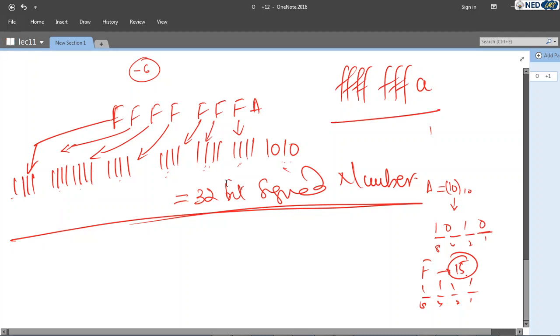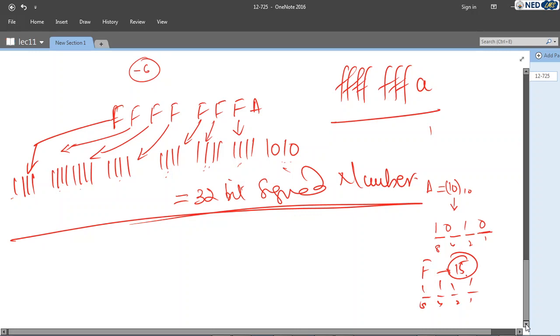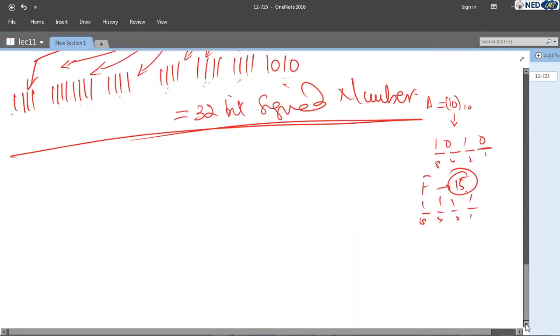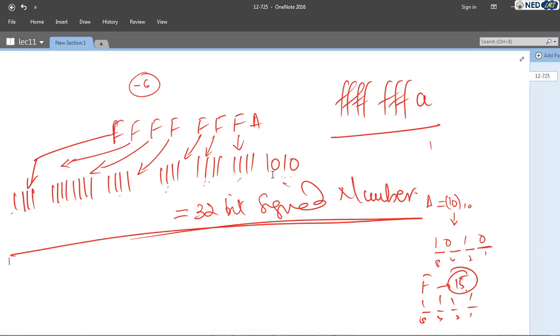I'm going to pause this recording, because it would be slightly boring for you if I write all the placeholders here. I'm going to a new page to write the placeholders and convert this into whatever the number actually represents.